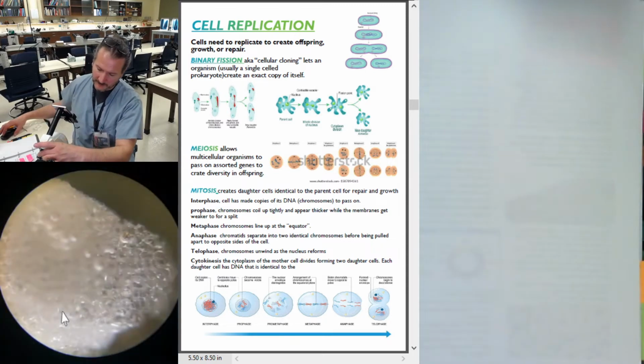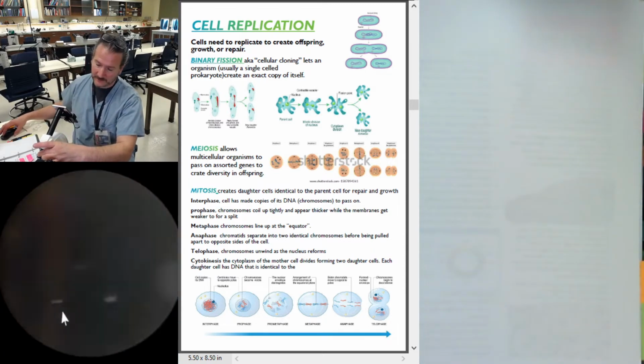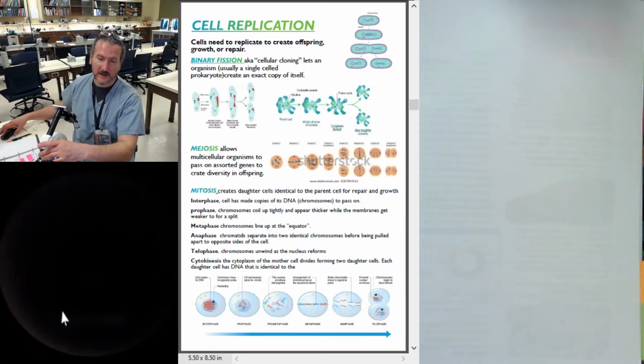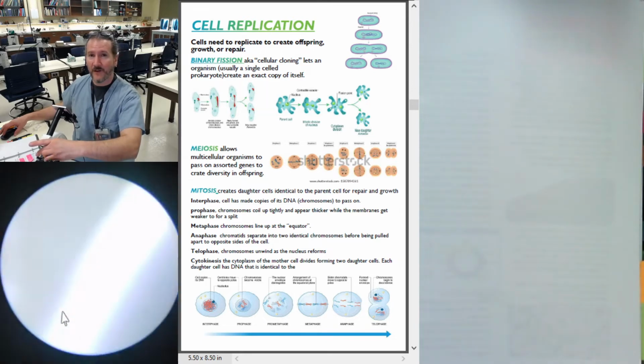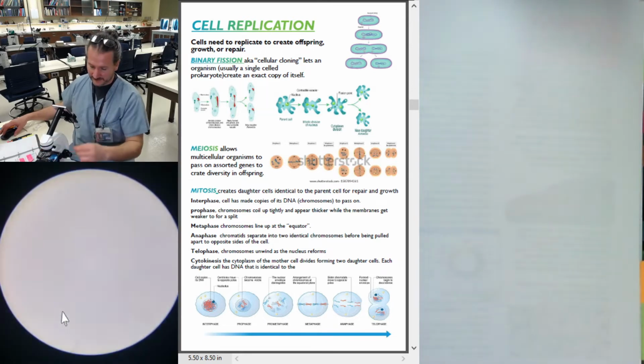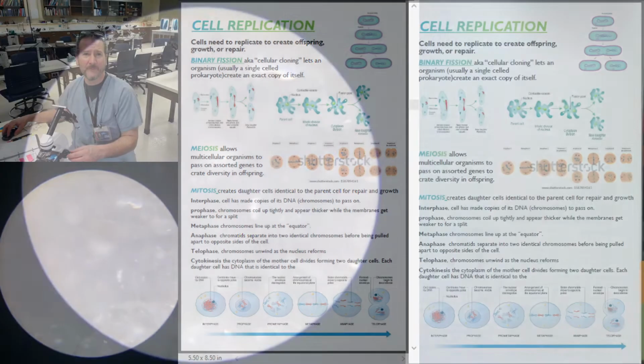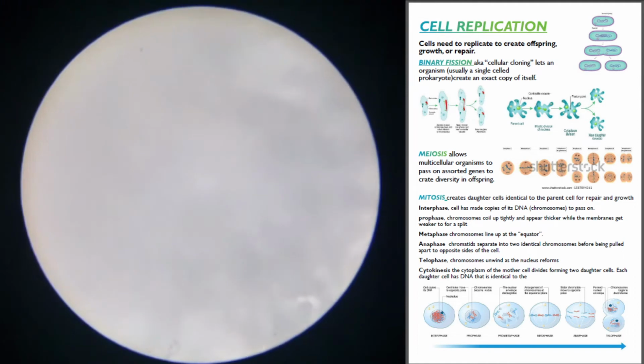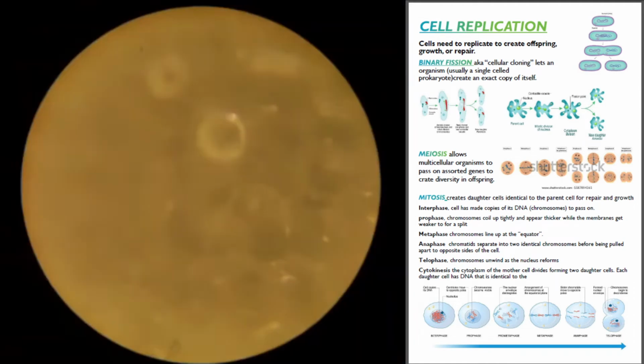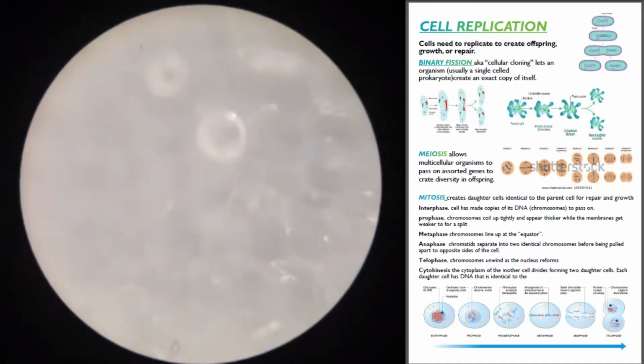This is still on scanning. So I'm going to turn my revolving nose piece over to the 10x, fine-tune knob only. There's no white.